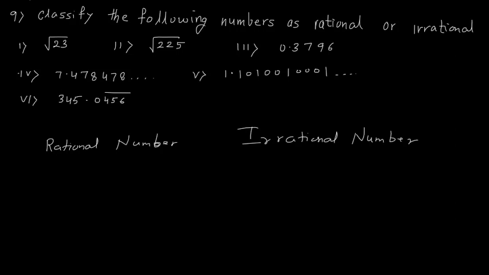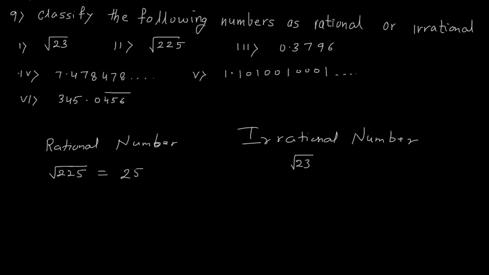Now root 23. So if in root we have a perfect square number, then it is rational, otherwise irrational. So here I will write root 23 on irrational number side. Then root 225. The value of root 225 is 25. So therefore it is a rational number.